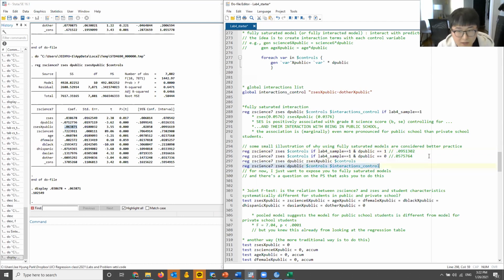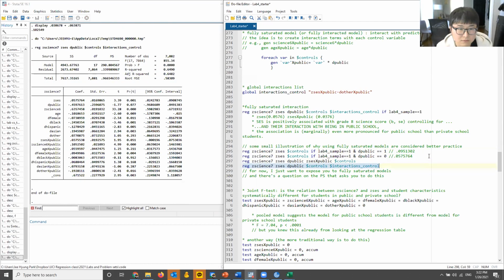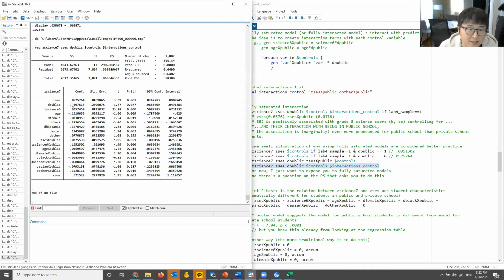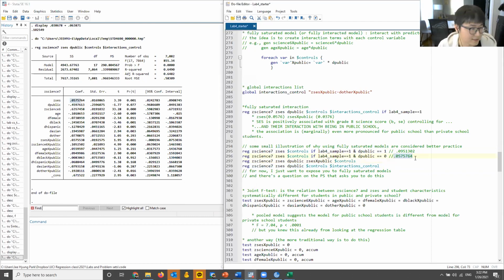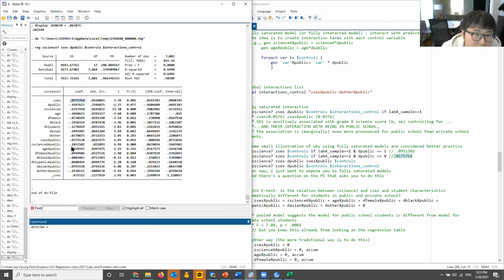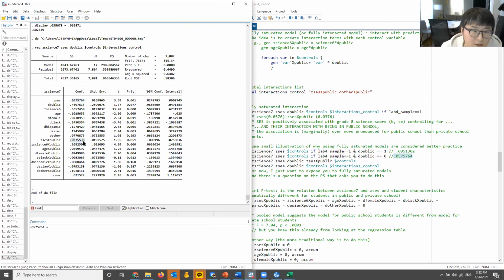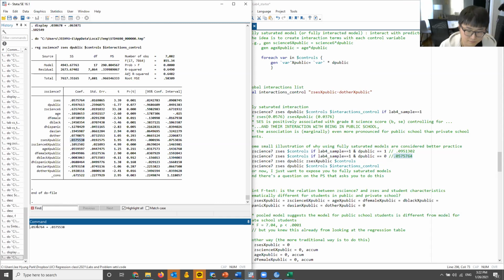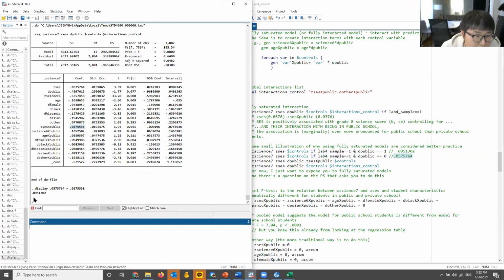Now, if I run it with the fully interactive model, if I look at ZSES, it's 0.0575764. It's exactly the same. If I now add to this the interaction term, which is here, that's 0.0951302.